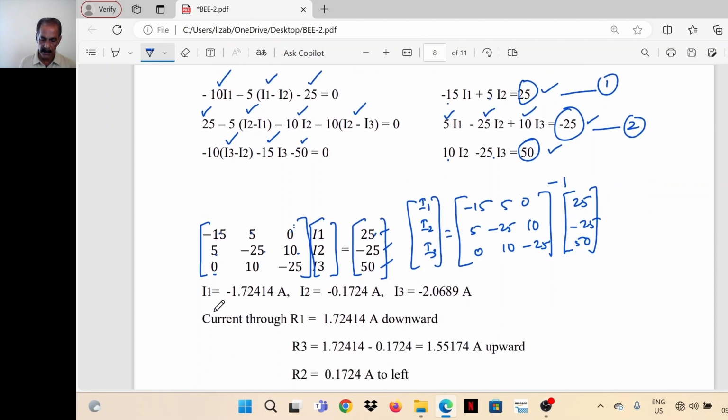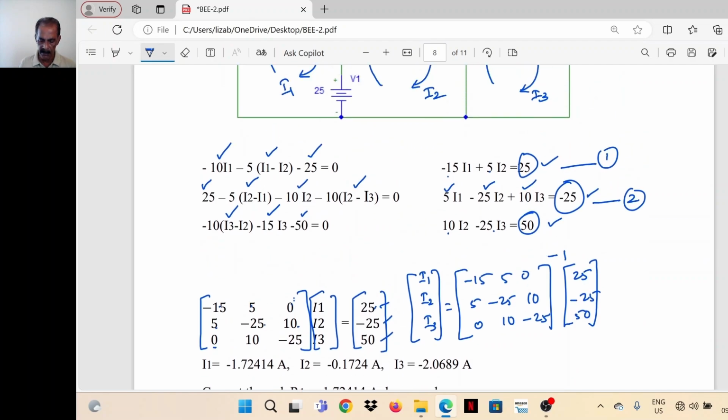So you will get I1 minus 1.72, I2 minus 0.17, I3 minus 0.20. So all assumed directions will reverse. I will write the values: I1 is minus 1.724, so 1.724 ampere.